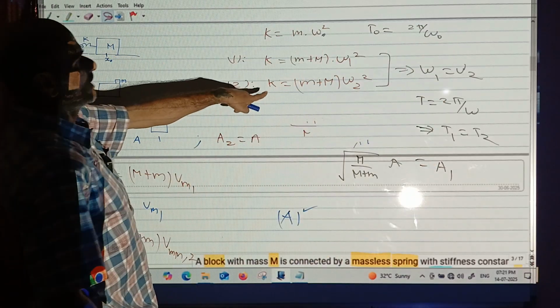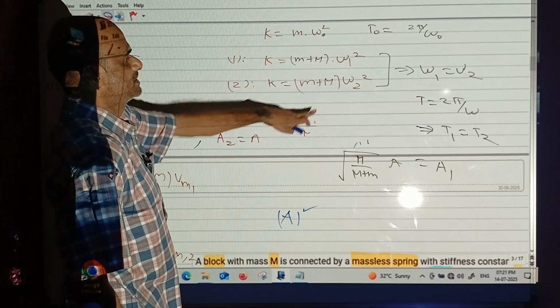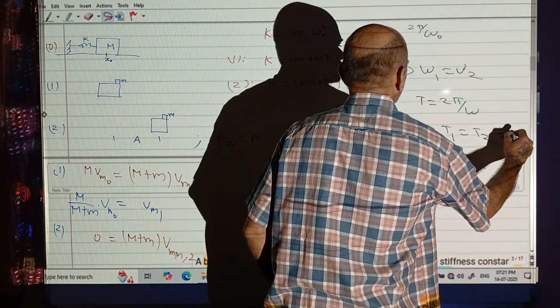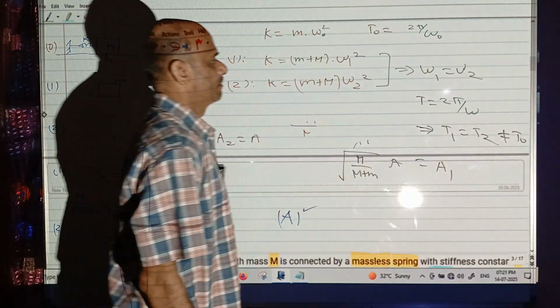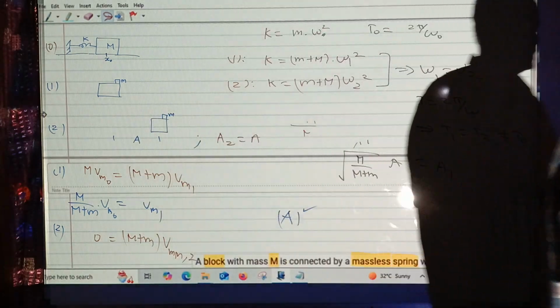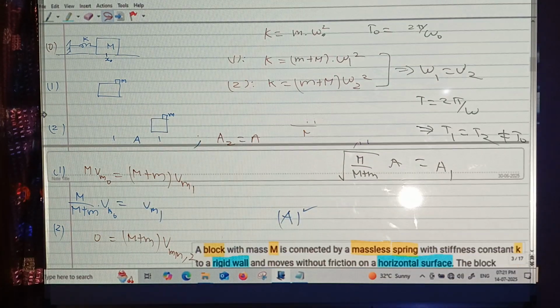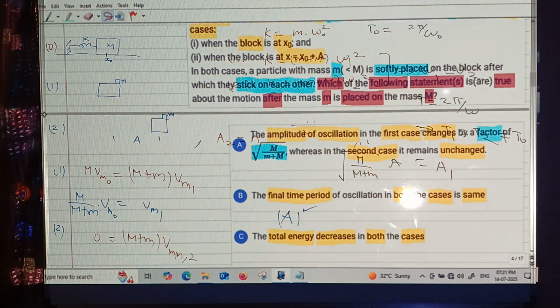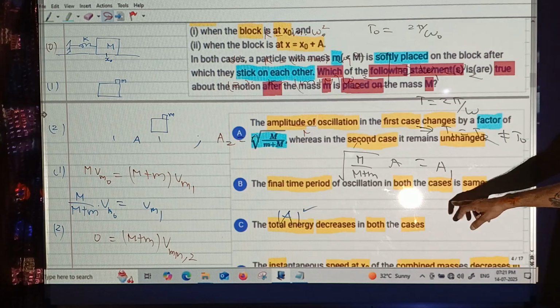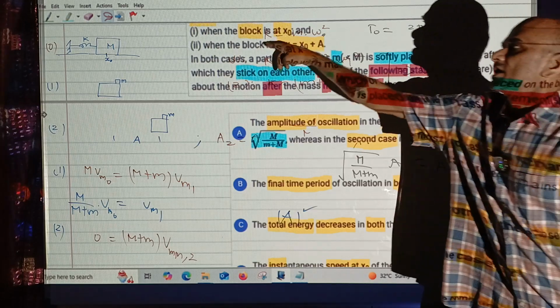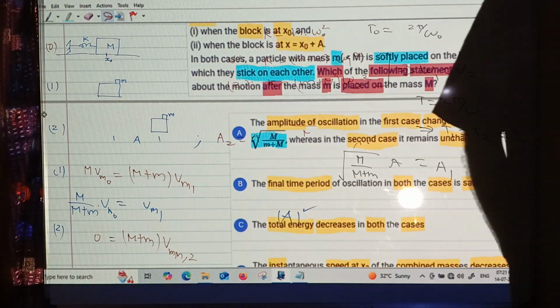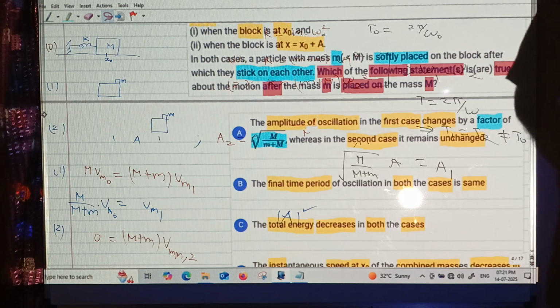Omega naught is different from omega 1 and omega 2 because the mass has changed. So T1 equals T2, but it's not equal to T naught. But option B is saying the time period in case 1 and 2 is the same. The cases it is referring to are 1 and 2, not the initial one. So option B is also true.